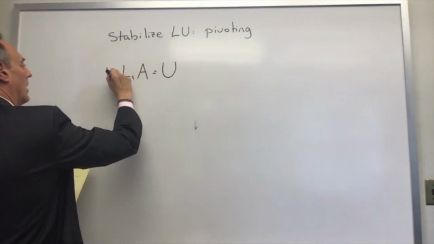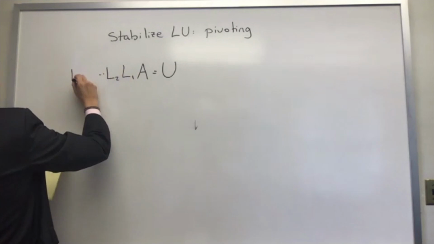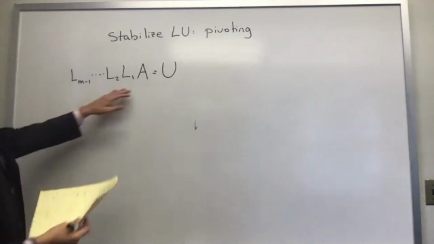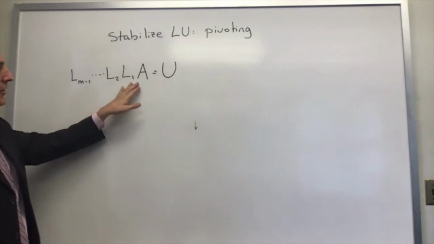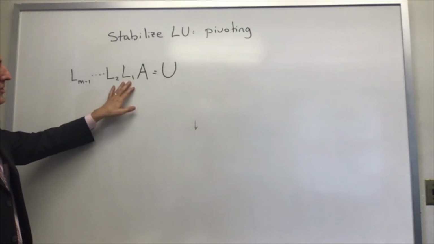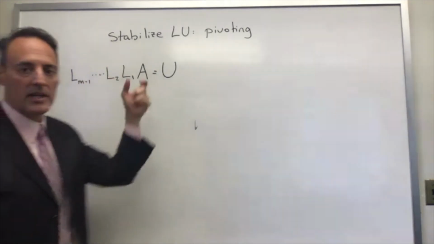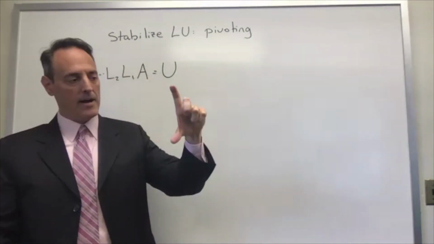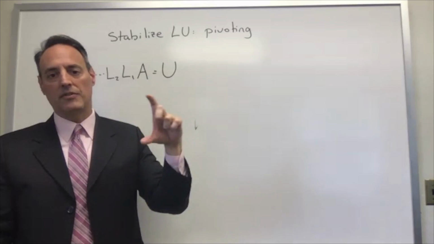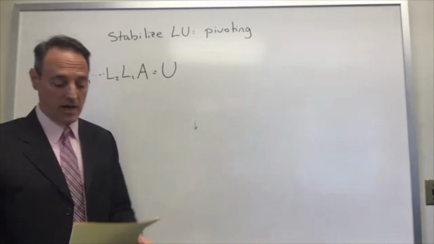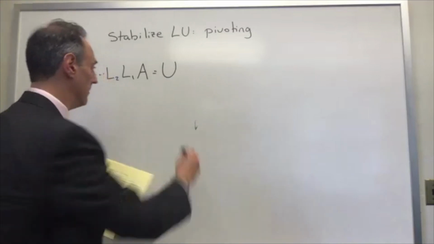Let's call them L1, L2, all the way to L of m minus 1. What we talked about in the last lecture is how to construct these matrices that when you hit A with them, they recursively zero out portions of columns in order to create this upper triangular matrix, right?